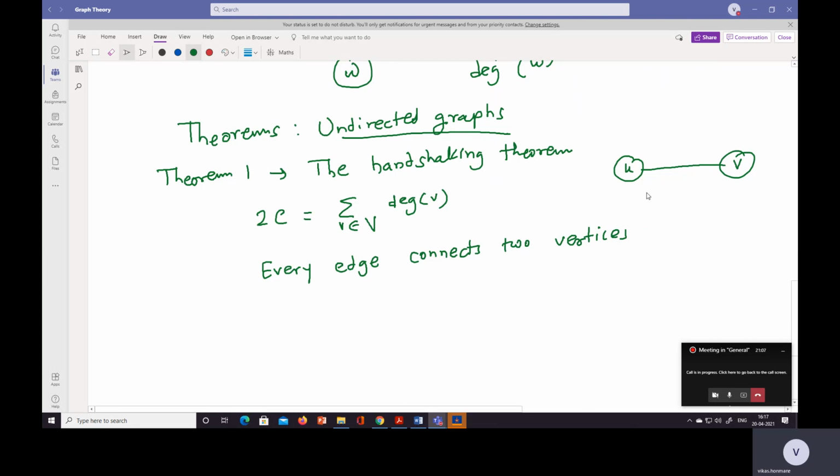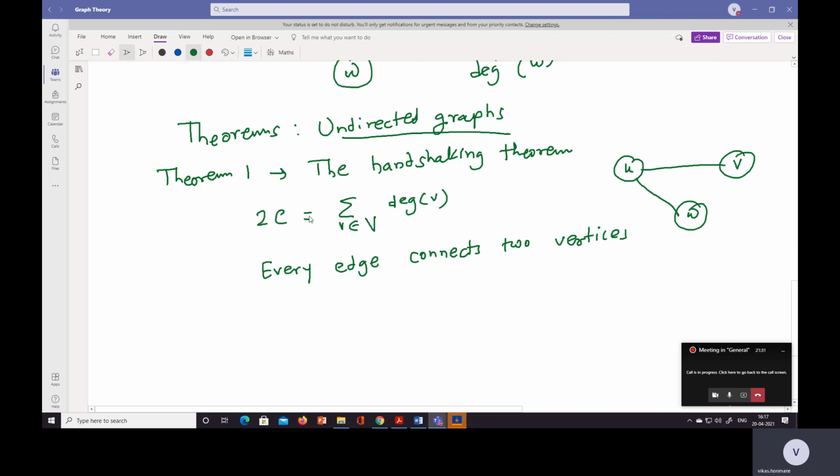Every edge connects two vertices, so this edge connects u and v. Let's take another vertex w, and again this is an edge. That edge connects two vertices u and w. So every edge connects two vertices.